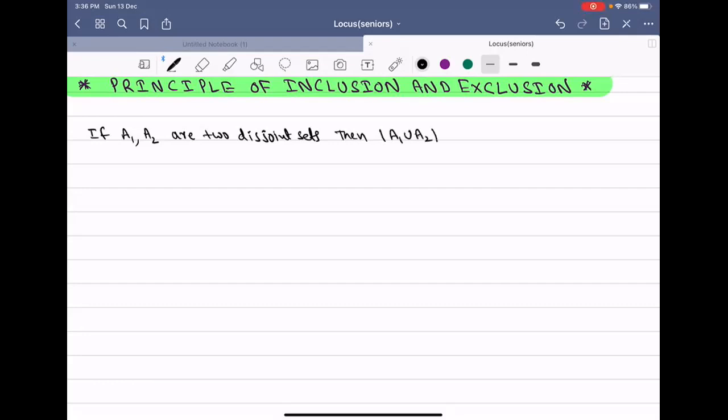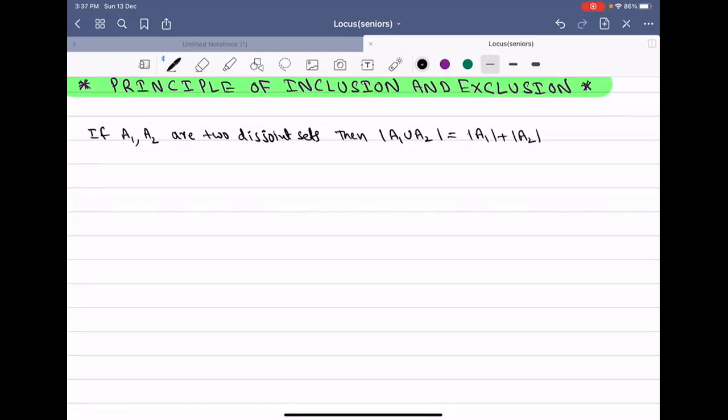The two parallel vertical lines denote the number of elements; this is the notation for number of elements. So the number of elements in A1 union A2 is equal to the number of elements in A1 plus the number of elements in A2, because the two sets are disjoint. Disjoint sets means no common elements.